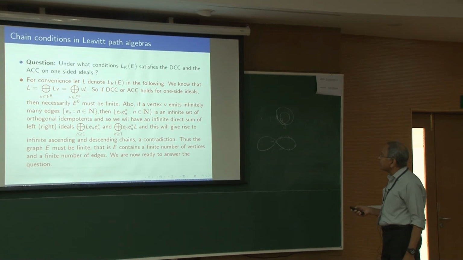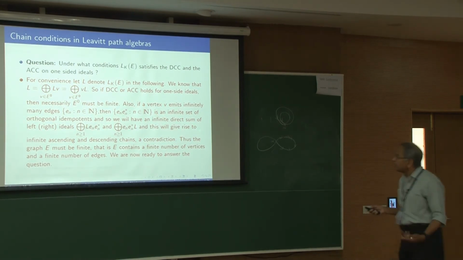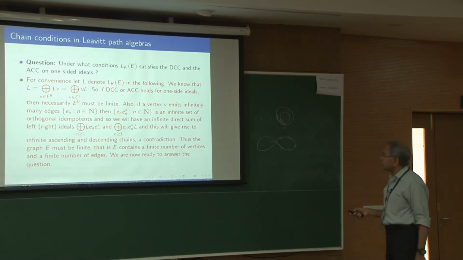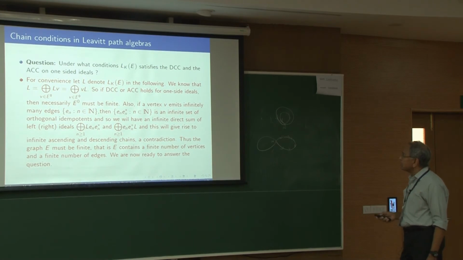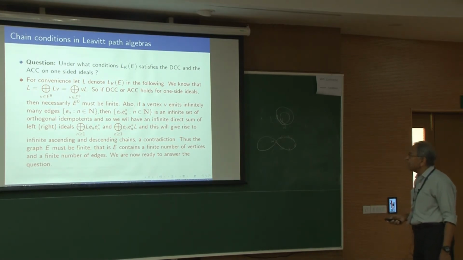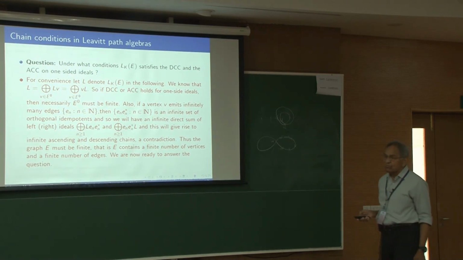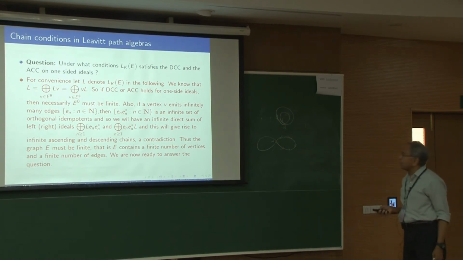Therefore, they would generate an infinite direct sum of left as well as right ideals. That will again give rise to infinite chains of left ideals or right ideals here. So, what we conclude is that if a chain condition, either ascending or descending chain condition, holds in a Leavitt path algebra, necessarily the graph must be finite in the sense that it has a finite number of vertices and a finite number of edges here. So with that in the background, now it's a very easy thing to answer the question.